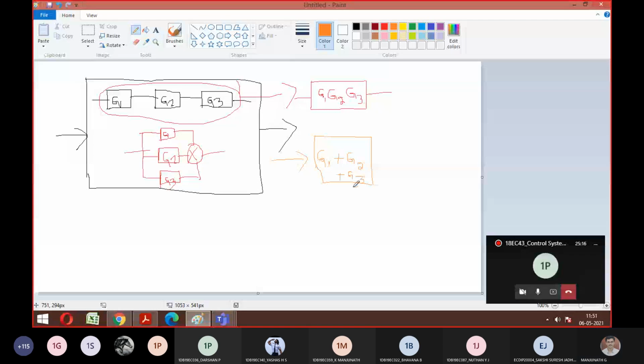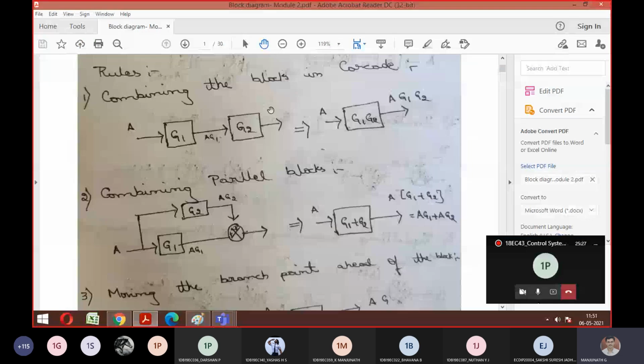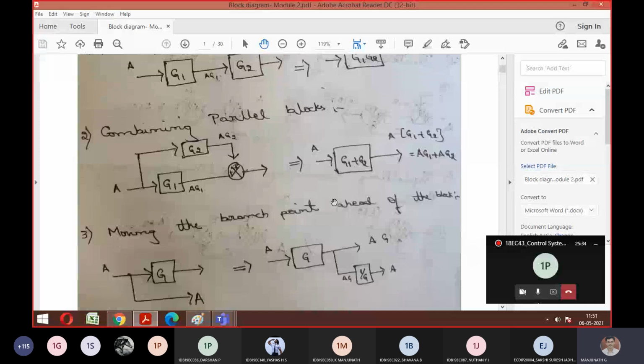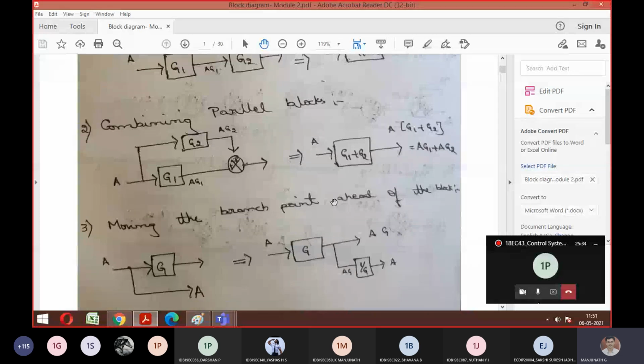Okay, sir. Let's come back to rule number 3 now. After understanding the combination of blocks in cascade and in parallel, moving to the third rule, it says moving the branch point ahead of a block. I hope you remember the branch point. Look here, this is the branch point I told you about.